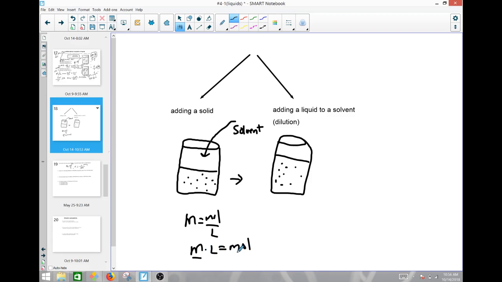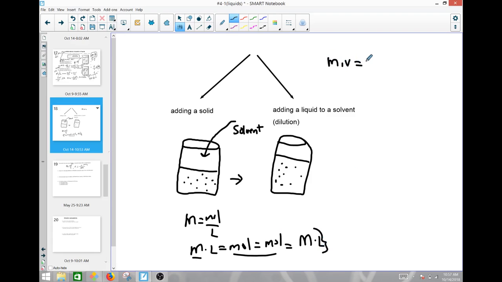So it's all linear proportions. In this situation, my new solution has the same number of moles. They haven't changed, so these are identical. But it does have a correlating molarity and a correlating volume. And with this formula, canceling out the moles, we get this formula.